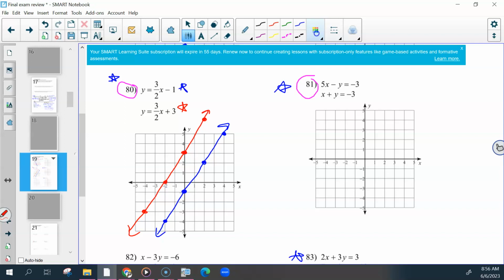Do these lines cross? No. So this would be no solution. How do you know which way the line goes? Depending on your slope. Positive is always going up and right, or down and left. Negative is the opposite.